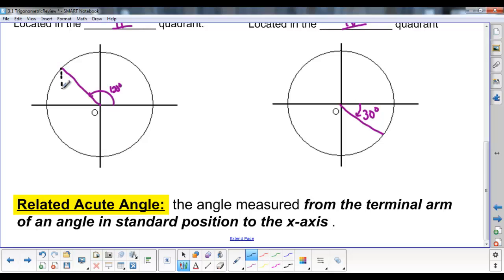I would drop a perpendicular line towards the x-axis, and then I would calculate this angle here. So I know that a straight line is 180 degrees, and I already know that this angle here is 120 degrees, so the related acute angle must be 60. So we reference that a lot in this chapter.